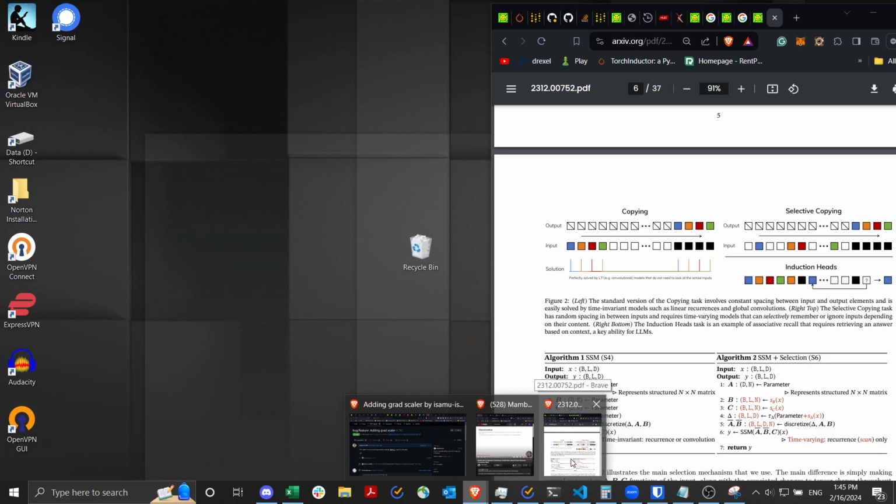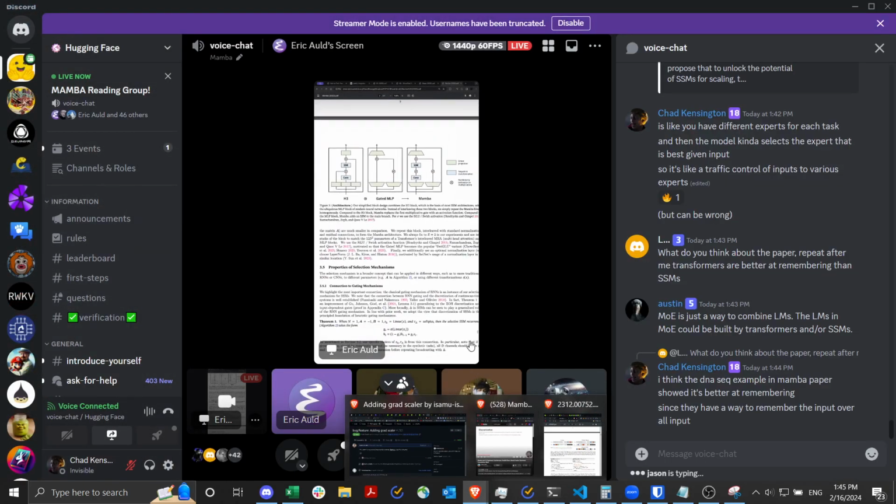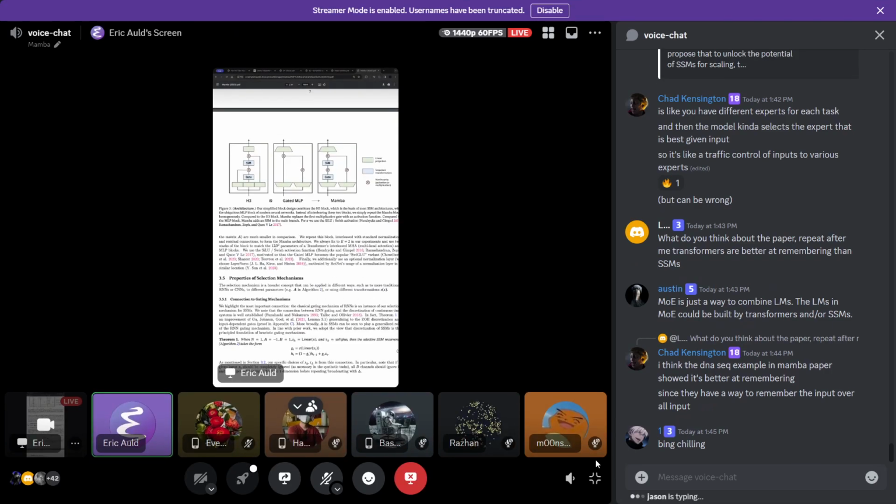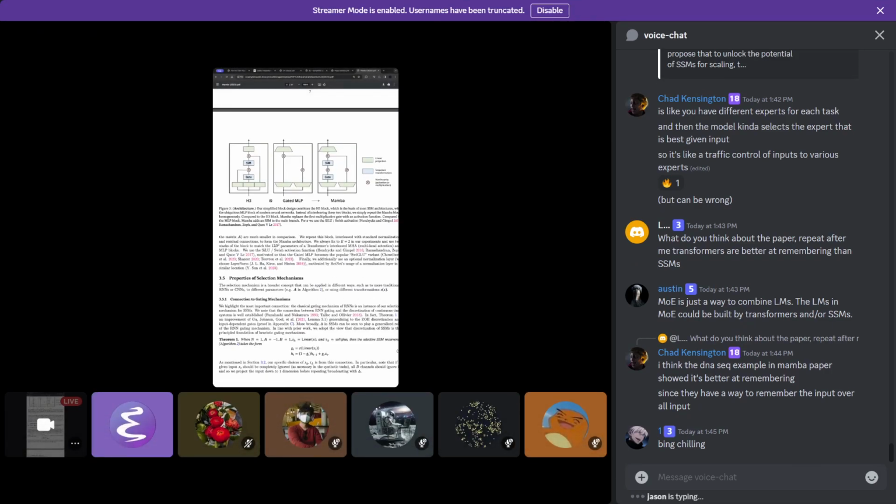Here's an illustration, a good picture to keep in mind of what the Mamba block actually is. This is the gated MLP we talked about, where you take the old signal, you take the new signal, and you gate them according to this mechanism down here.